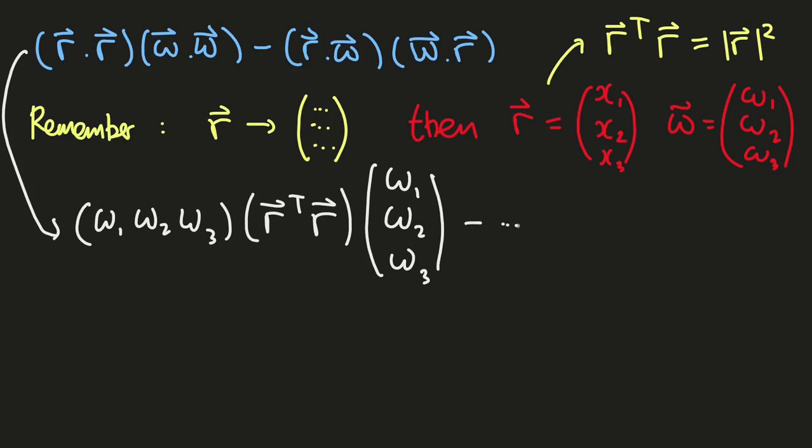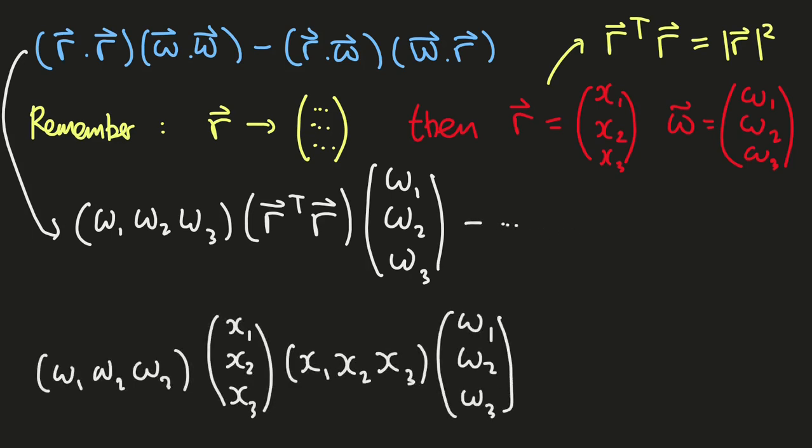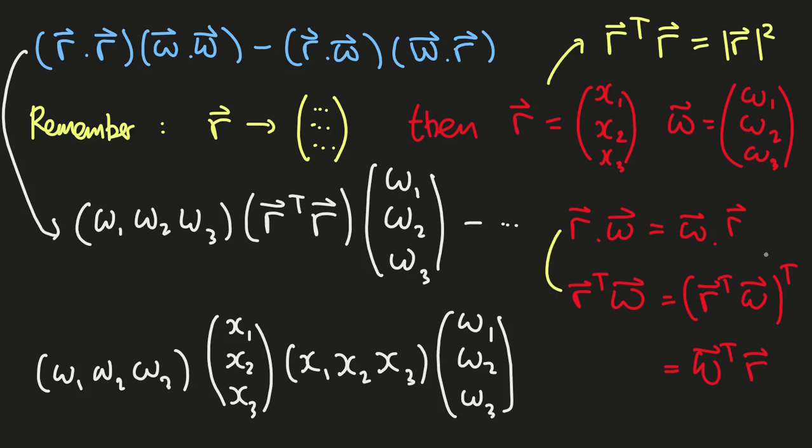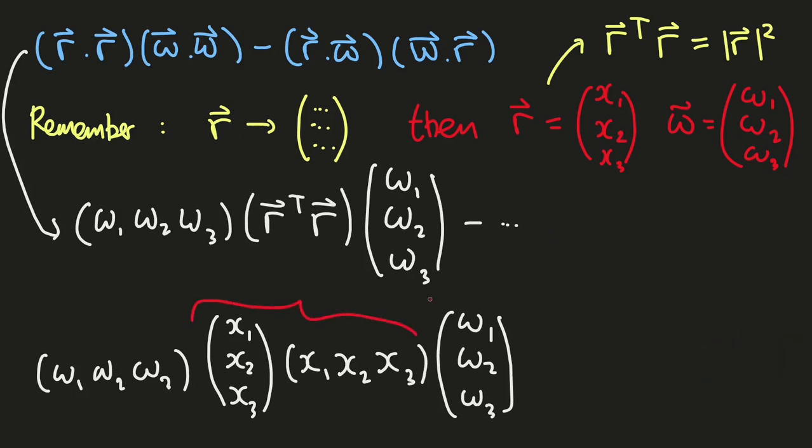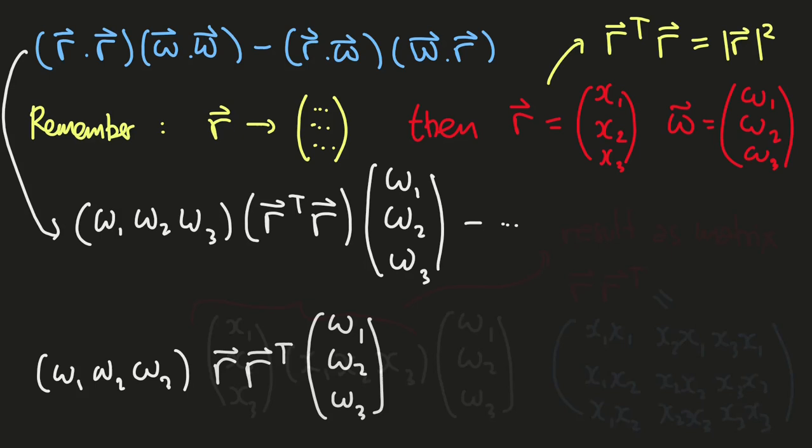The next term we will get is this, where by the property of the dot product I can switch R to W or W to R, and by transpose notation I can rewrite it like this. Now if you look at the middle of this matrix multiplication, it results in a matrix like this, and I rewrite it like this.